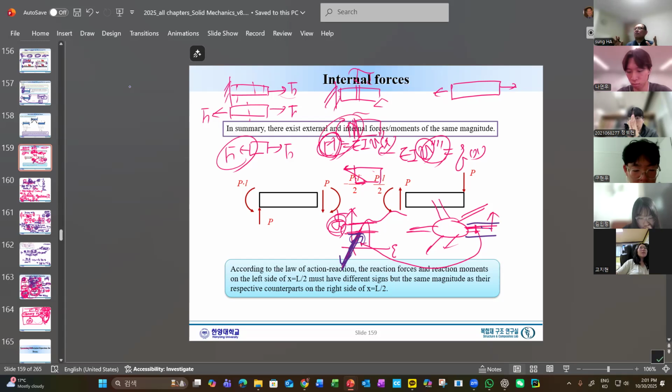Otherwise, this structure will be very heavy, a waste of materials, and no longer competitive to win in the market. How can you design structures lighter and with small material, but very safe?